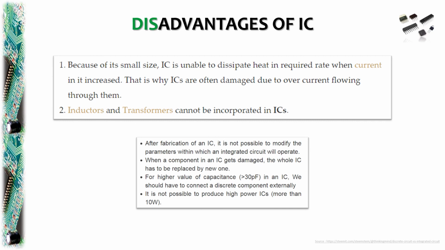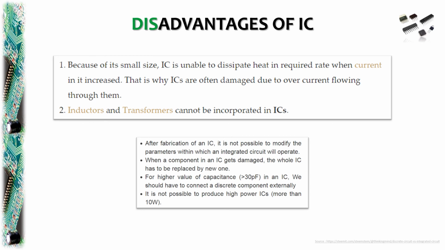Parameters means, if I am saying that this pin will work for the 0, or this pin will work for the 1, then we cannot modify that parameter. Then when a component in an IC gets damaged, the whole IC has to be replaced by a new one, right? We cannot repair it. So that is also a disadvantage.